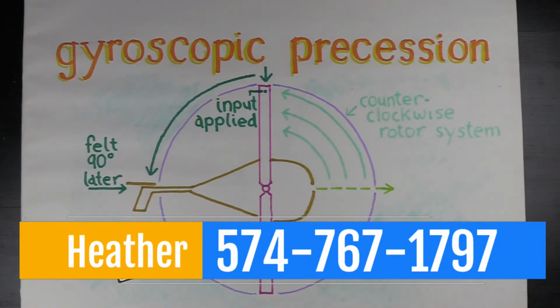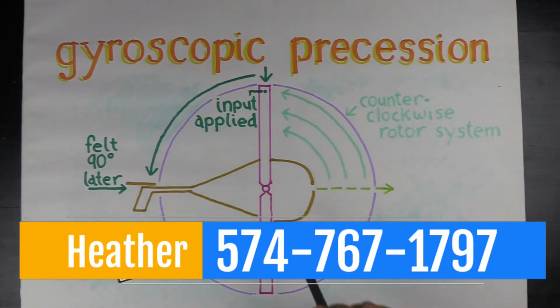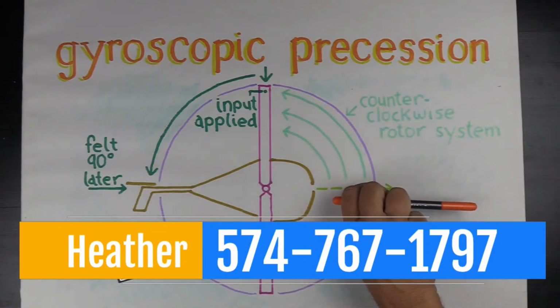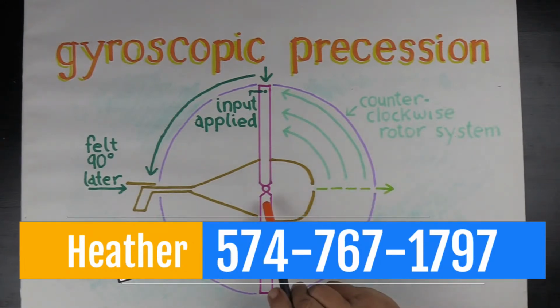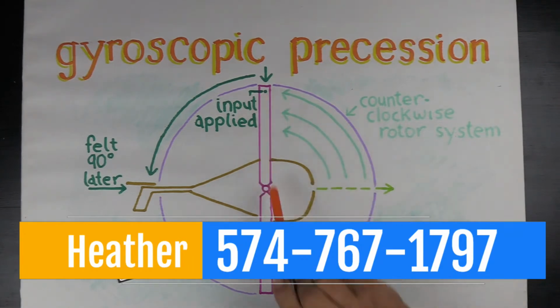With gyroscopic precession, when you apply a force to a spinning object, it's felt 90 degrees later in the plane of rotation. So to get the aircraft moving this way, we need a forward cyclic input to get the aircraft moving. The manufacturer has built the rigging so that when the cyclic moves forward, it increases the pitch of the blade right here, giving you more lift.